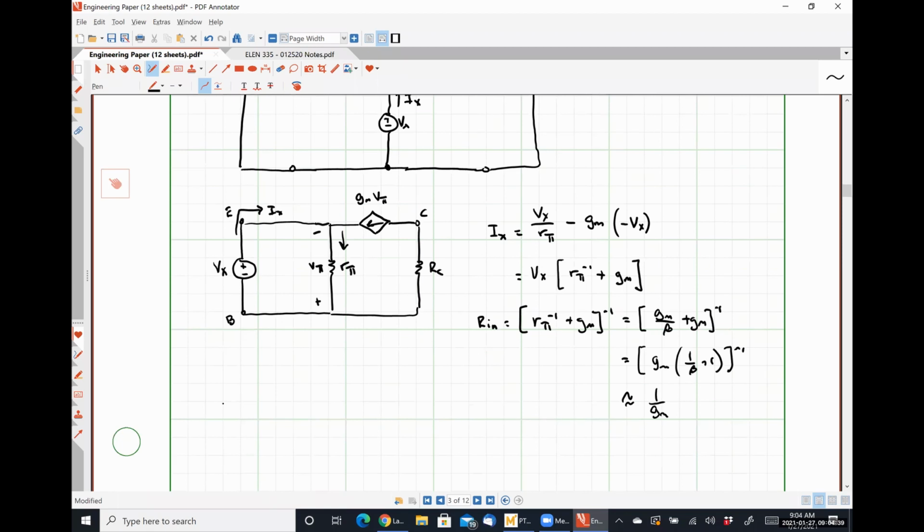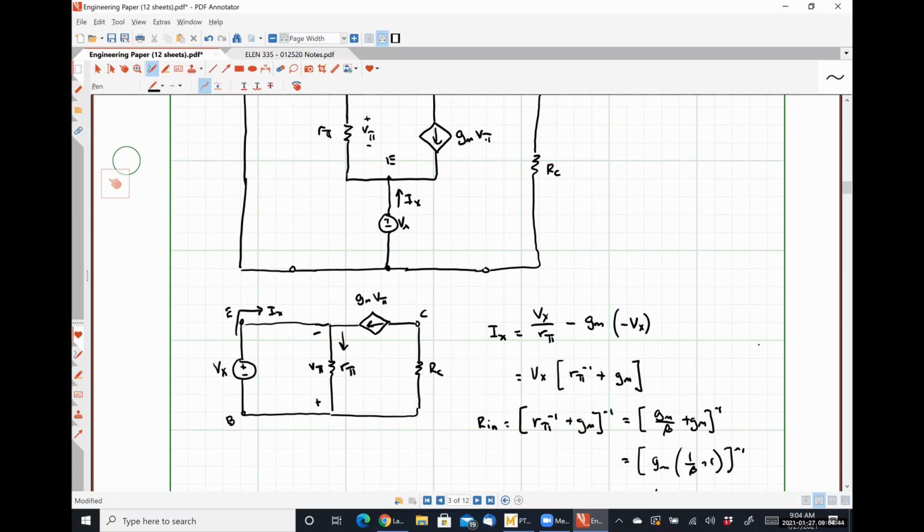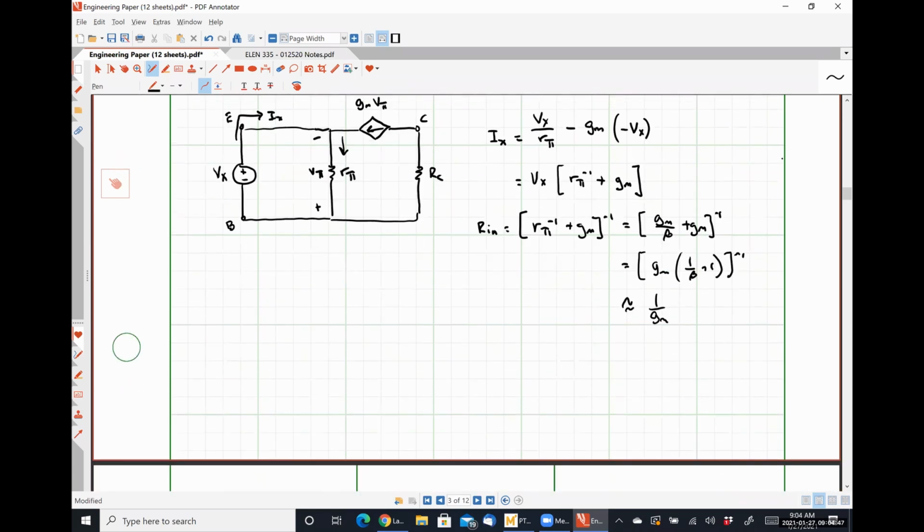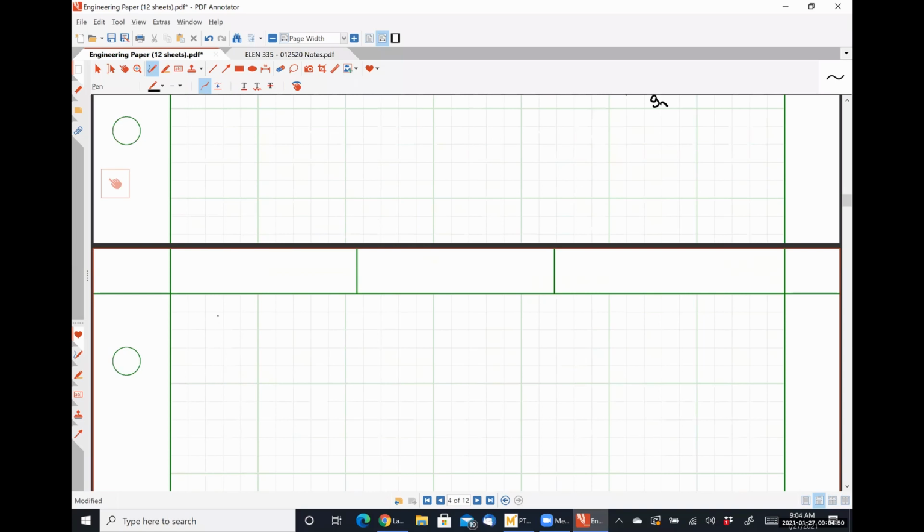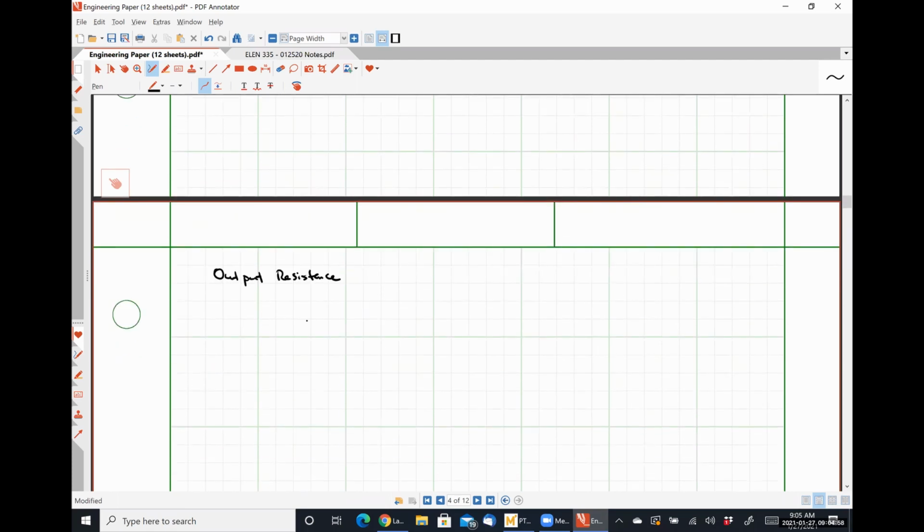For our output resistance, we are going to draw our small signal model. So we have base, gm v pi.